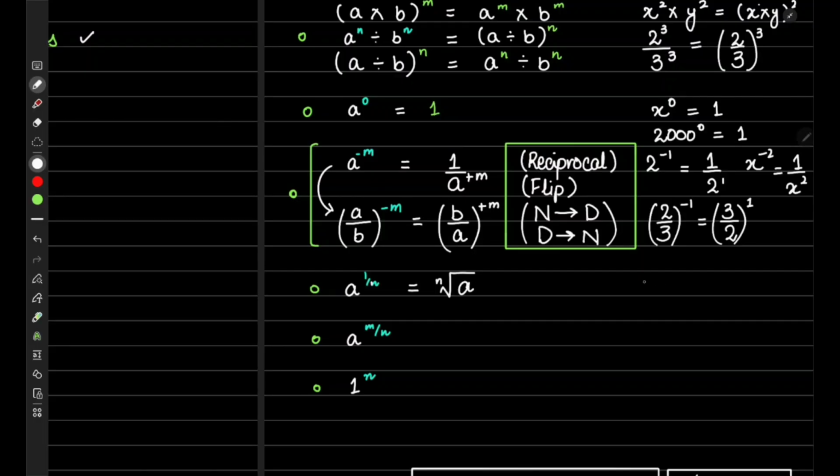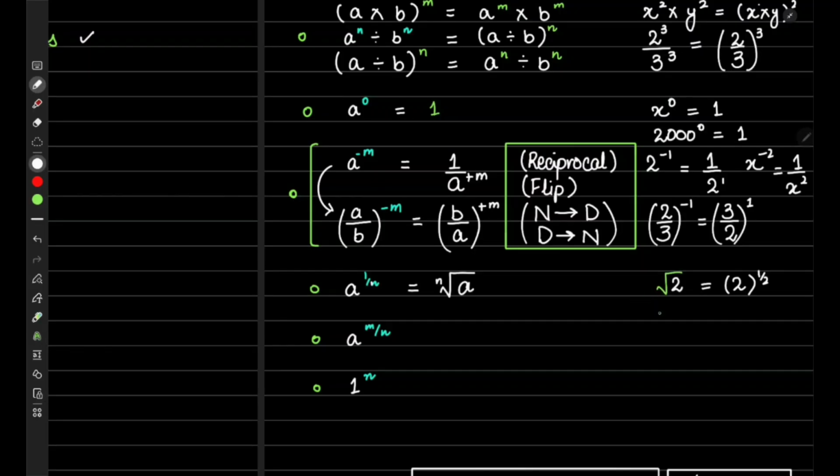For example, all of you have gone through the square root of 2 or square root of any number. What it actually is, it's the second root, meaning the power is 1 over 2. In the same way, we don't write a 2 for a square root, we just write this radical that represents the square root.